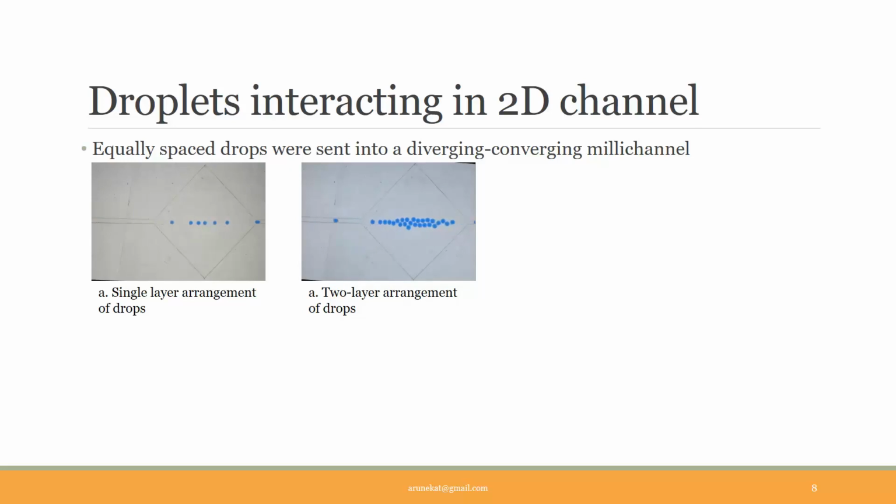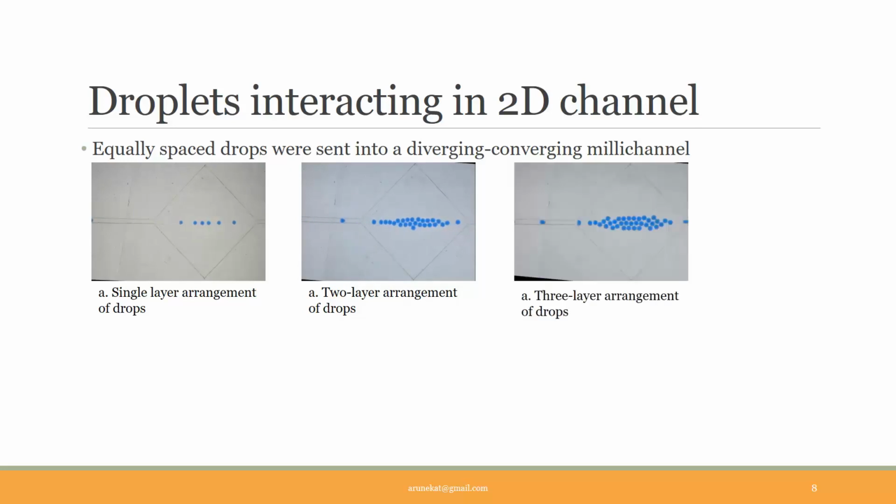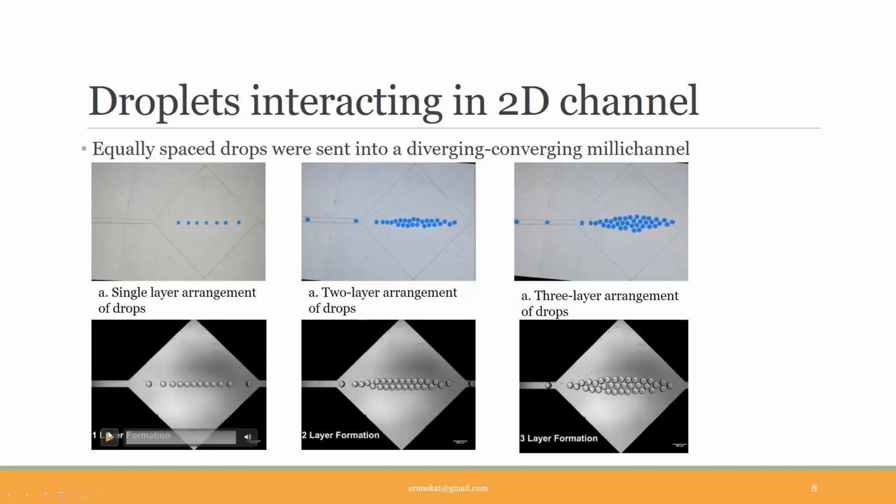When we even reduce the interdroplet spacing in the inlet channel, it forms a three-layer arrangement. These observations are very similar to that of Jose and Kubot in microchannel. They also observed this layering of drops in microchannels.